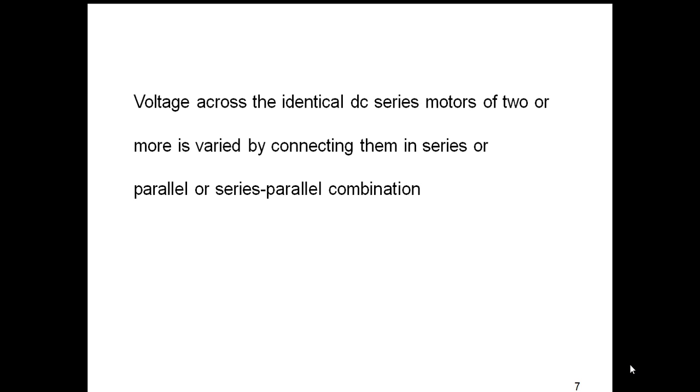The voltage across two or more identical DC series motors is varied by connecting them in series or parallel or series parallel combination.